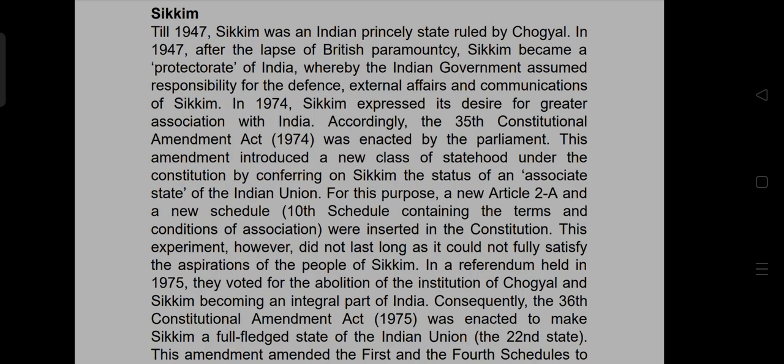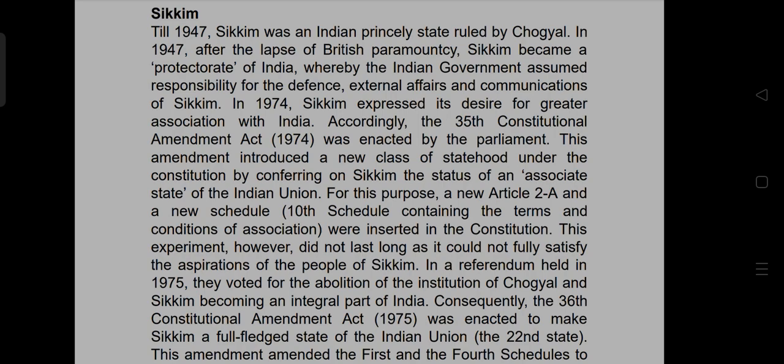by the Parliament. This amendment introduced a new class of state under this Constitution by conferring on the state of Sikkim the status of an associate state of the Indian Union.